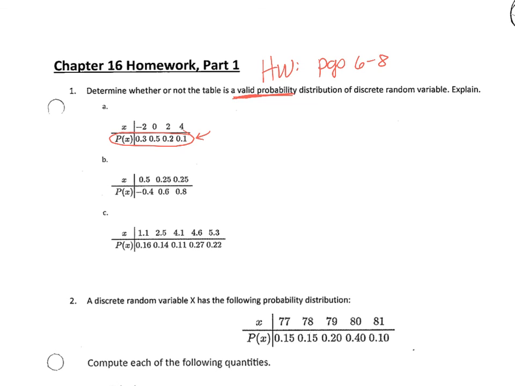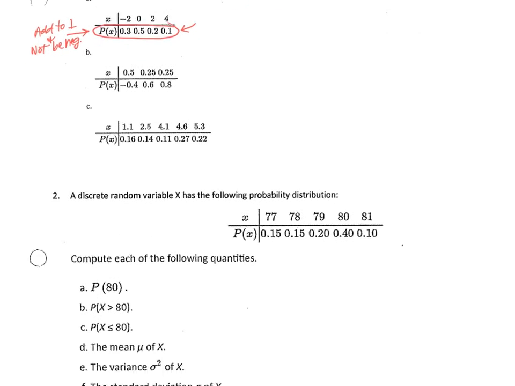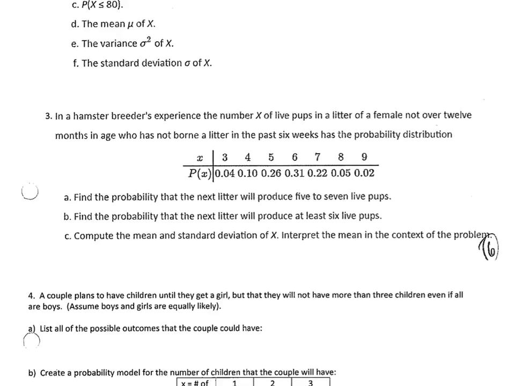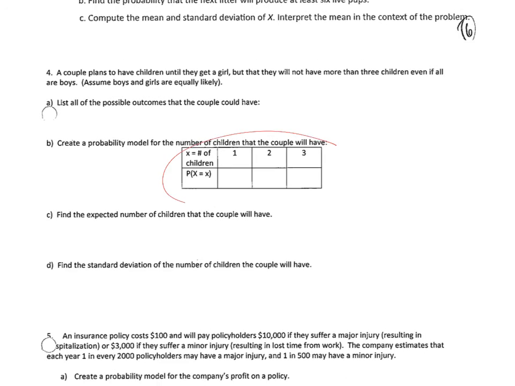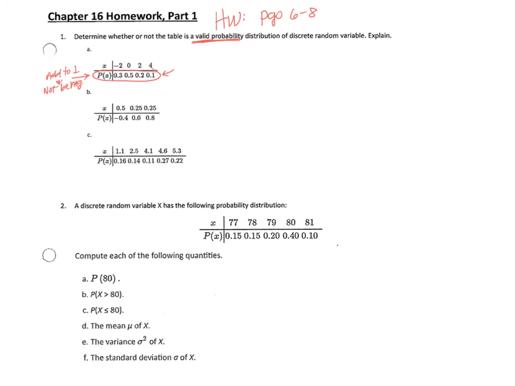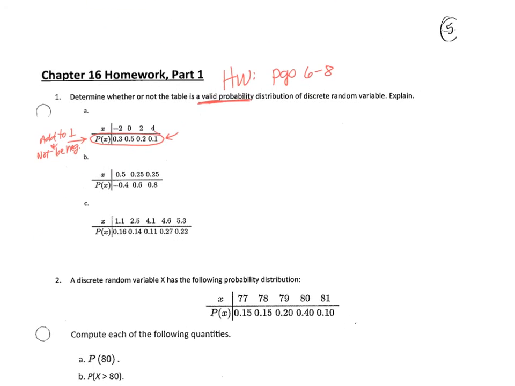What should it do? Good. It should add to 1. That's one. And not be what? Negative. Not have any negatives. The x's can be negative, but the probabilities cannot. So this first part's asking if those are valid, and then you go to the rest of those. Then you start filling in your own tables and figuring out your questions from that. So, again, homework, pages 6 through 8.